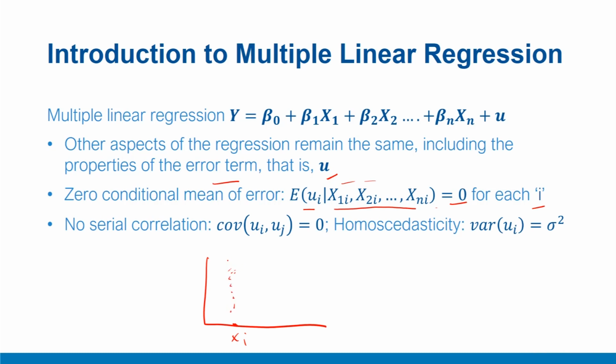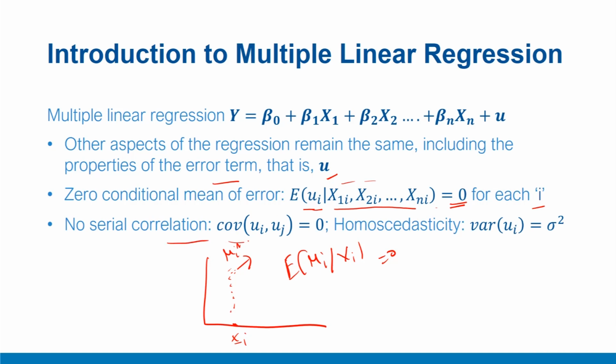The corresponding error terms, all the mu i's here, the mean of this mu i, that is the expectation of mu i, since it is conditioned upon xi, is equal to 0. Similarly, for all the xi's, x1, x2, up to xn, the conditional mean of the error term is assumed to be 0.